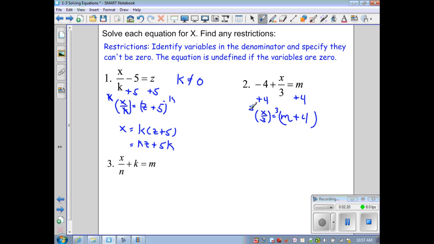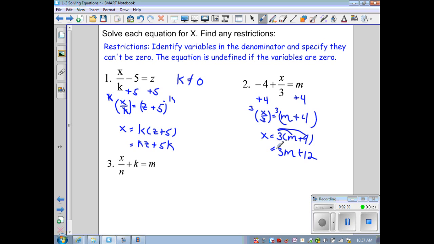That gives me 3 divided by 3, which leaves me a positive 1x. And then I have 3 times the quantity of m plus 4. I can distribute to get 3m plus 12, but this is simplified enough.